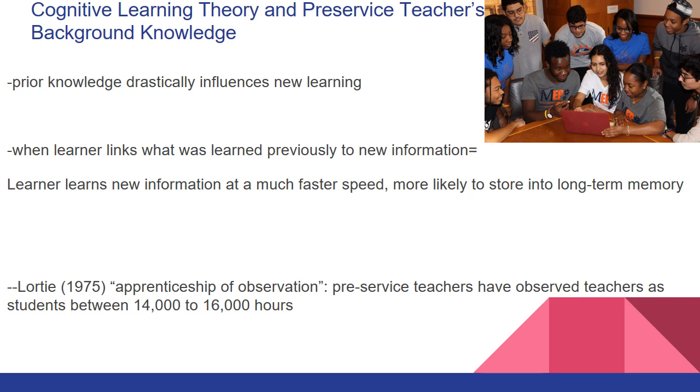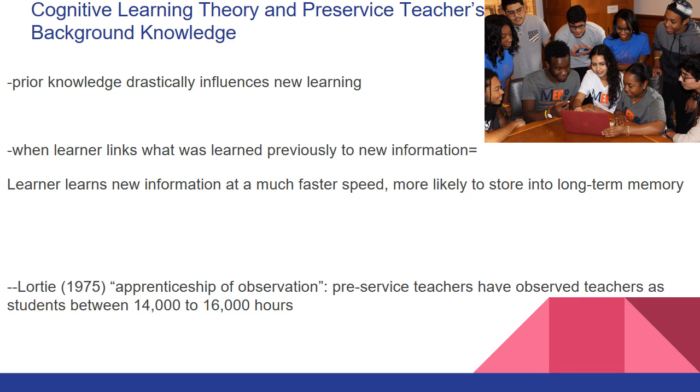During their educational experience, they observed teachers as students themselves. As Lortie explains, teachers as students observed other teachers giving lessons and maintaining the classroom environment from between 14,000 to 16,000 hours. So that's a significant amount of prior knowledge.